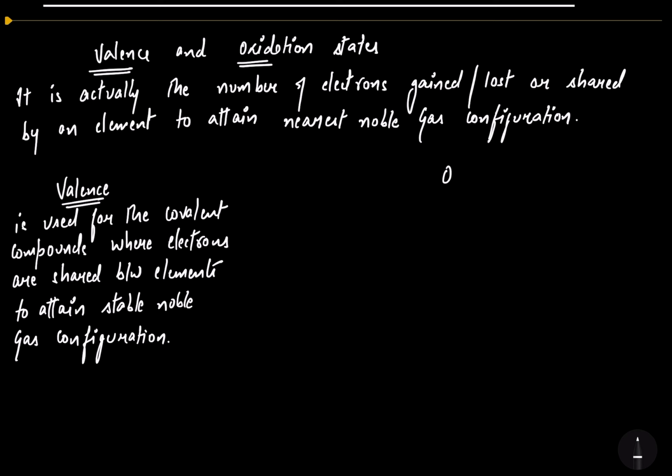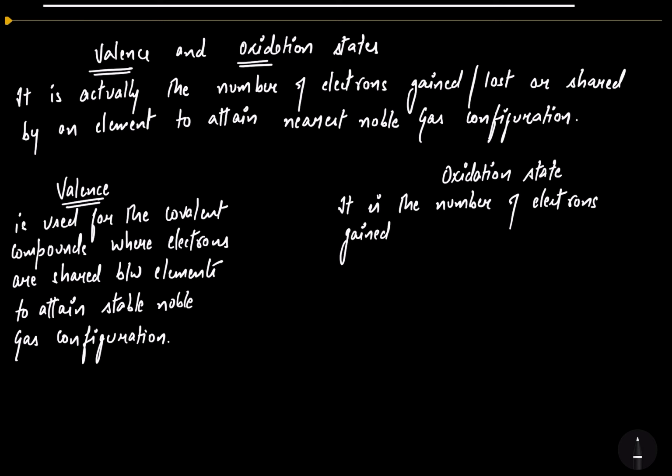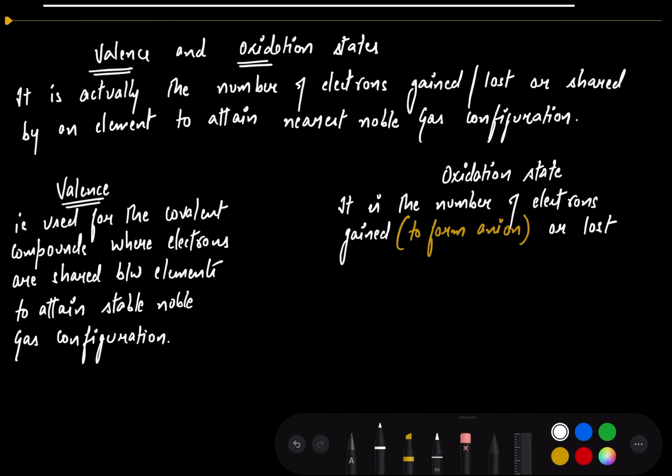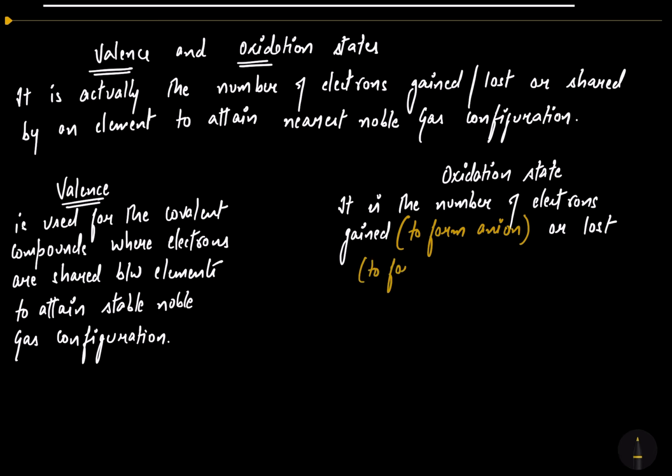What do we mean by oxidation state? It is the number of electrons gained to form an anion, the ion with a negative charge, or lost, that is to form a cation, an ion with a positive charge.